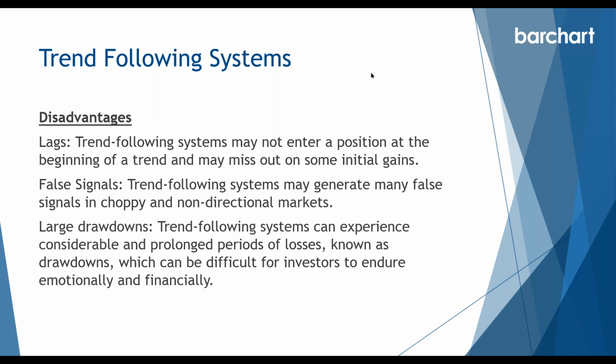And what are some of those? Well, the first one is that trend following systems do lag. And typically, what we might see is an impulse in price, which means we might miss out on some of the potential gains. But this also increases our initial risk.